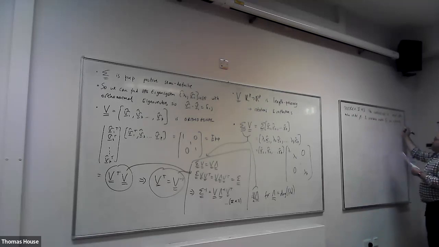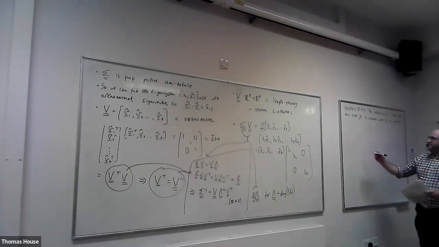Ellipsoids being the higher dimensional generalization of an ellipse, right? So it's something with this kind of shape in 3D.